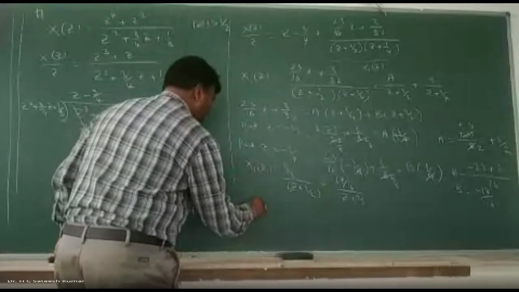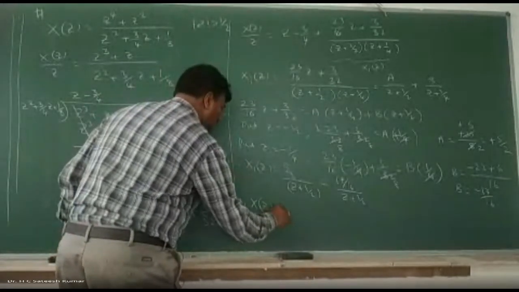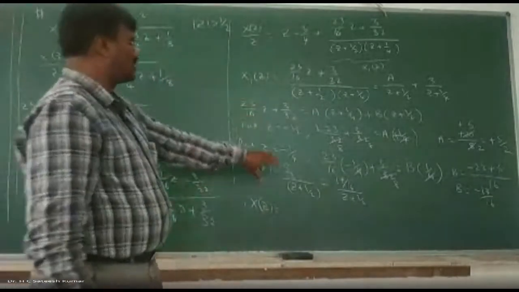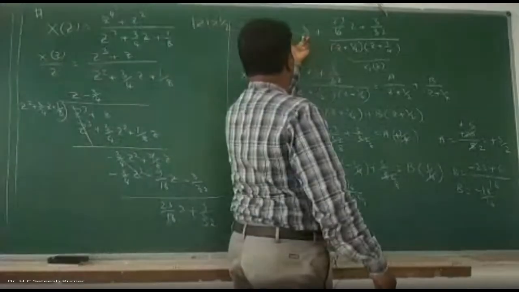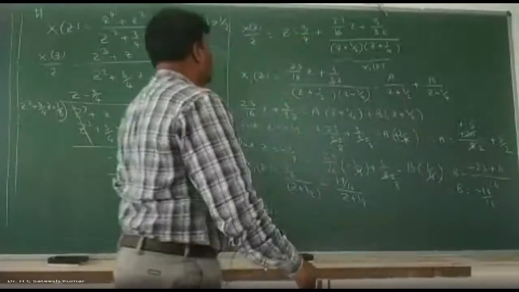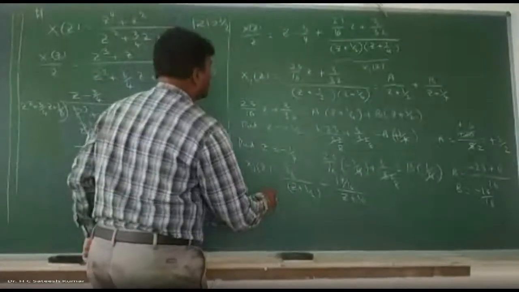Therefore, X of z is equal to, now you substitute this X1 of z in this equation, and you cross multiply this z. What will you get?